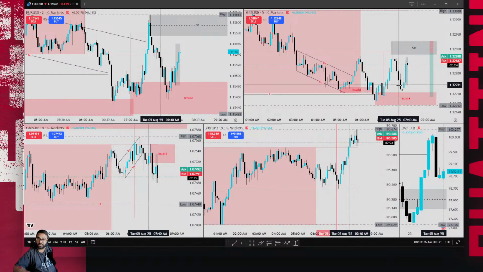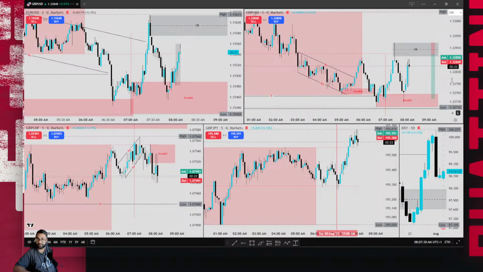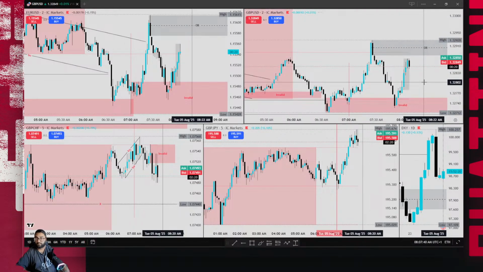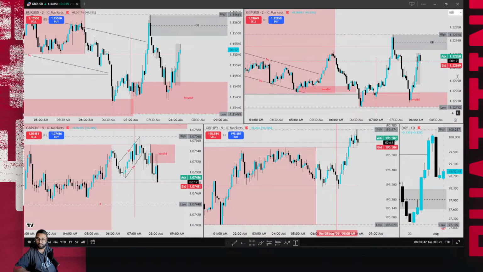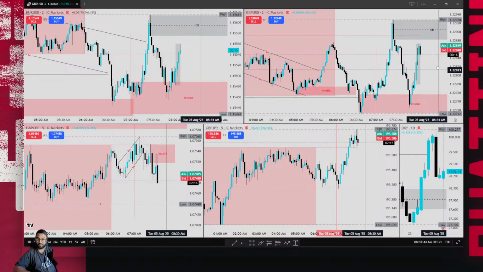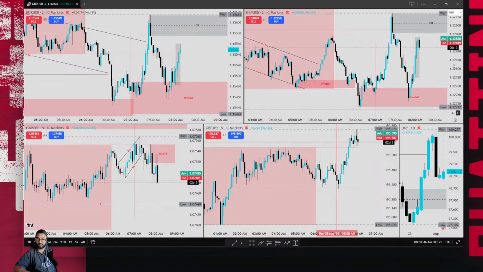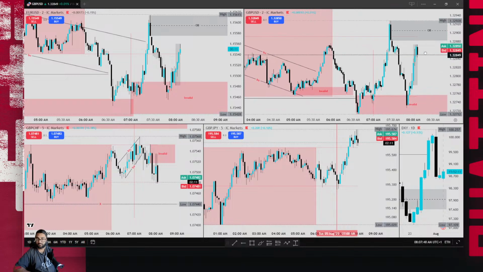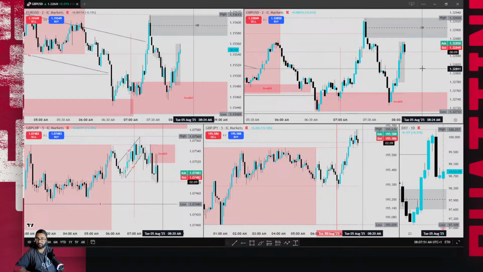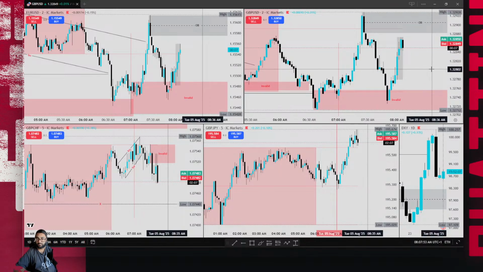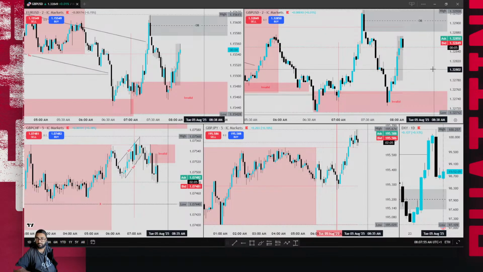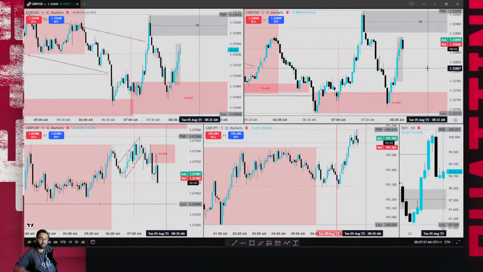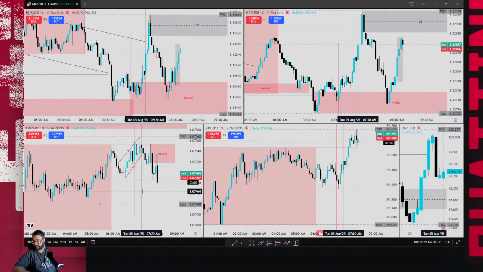So tricky, man, so tricky. So let's see what price action does.